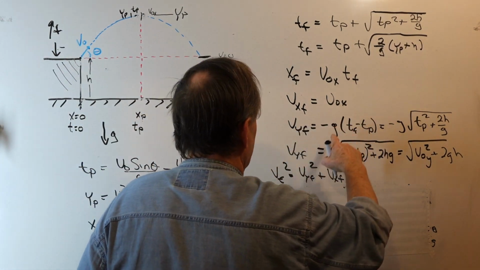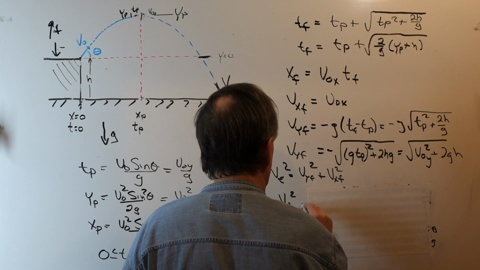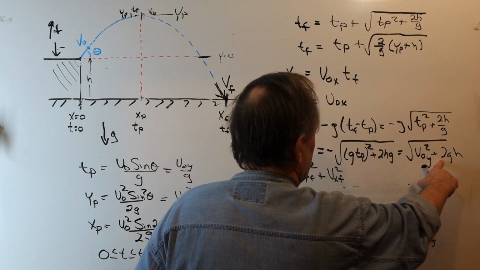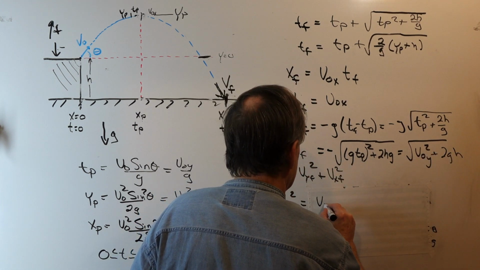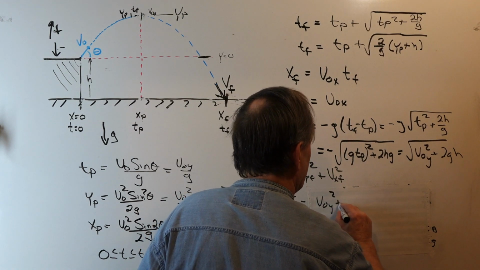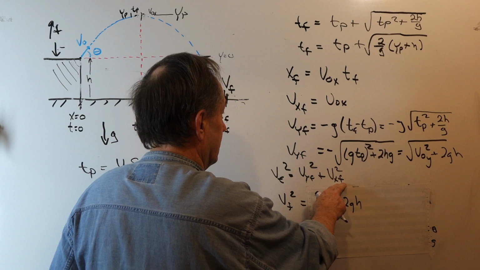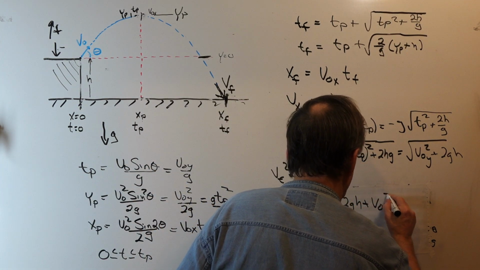The final velocity in the y direction squared is v0y squared plus 2gh, and the final velocity in the x direction is v0x, squared.